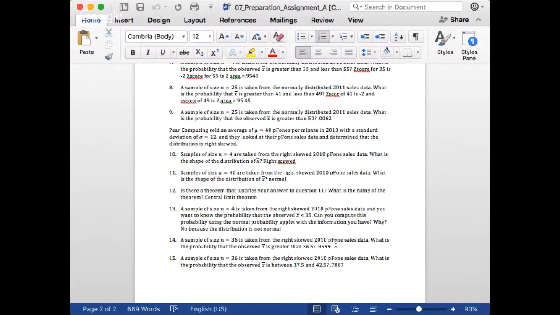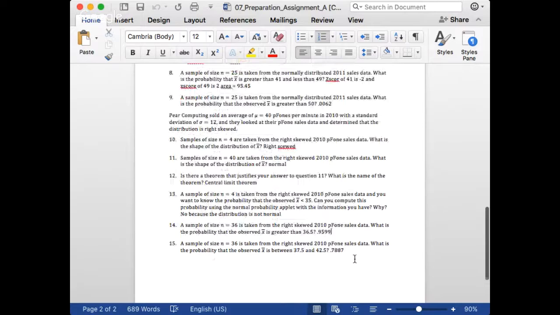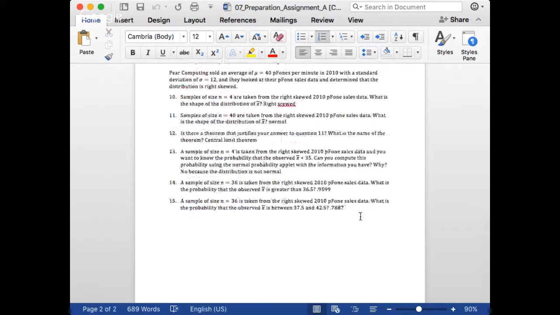Yeah. So 15, a sample size of the same n equals 36 is taken from the right skewed data, with the probability the observed x bar is between 35.7 and 42.7. I seem to remember that I did this one yesterday.